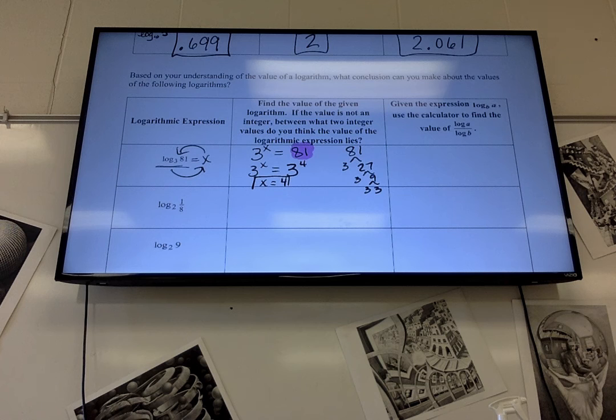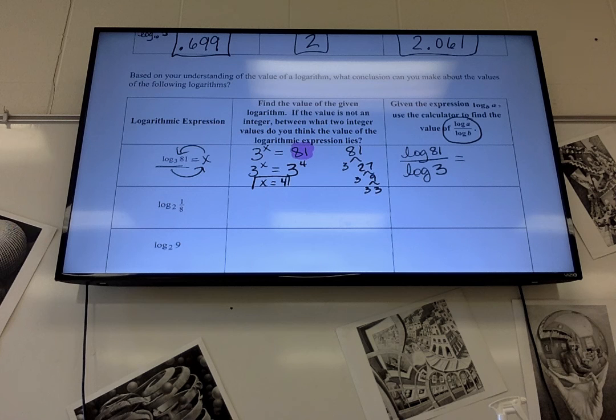Now, if it's not a common log, we can do it this way. Log of A over the log of B using common logs. A is the big number. So it would be log of 81 over the log of the little number, which was 3. Now this one is more important that you remember to close your parentheses because we're doing some division.